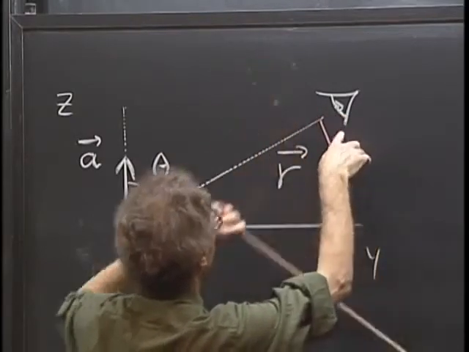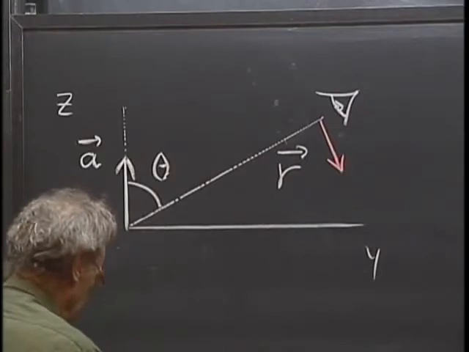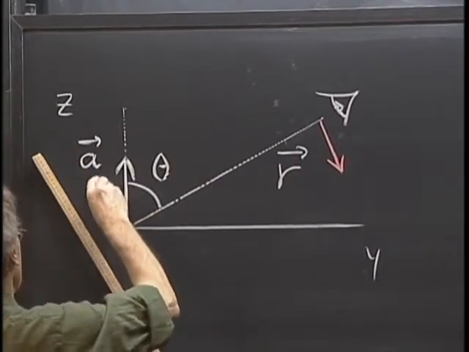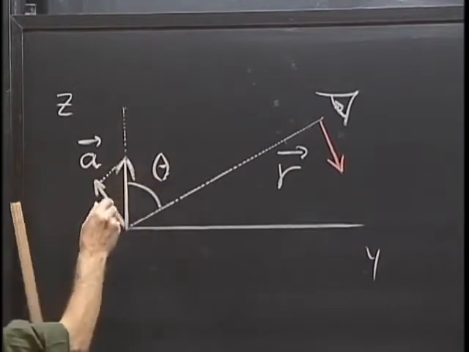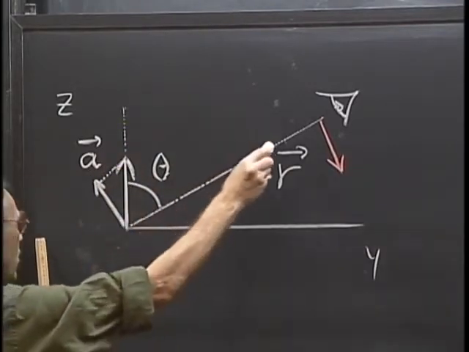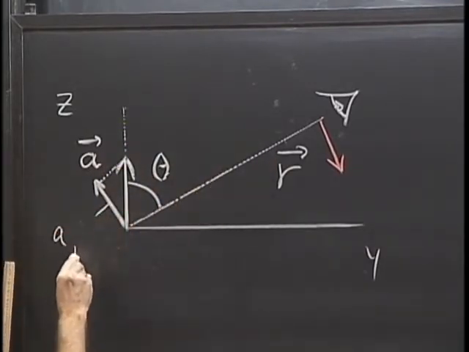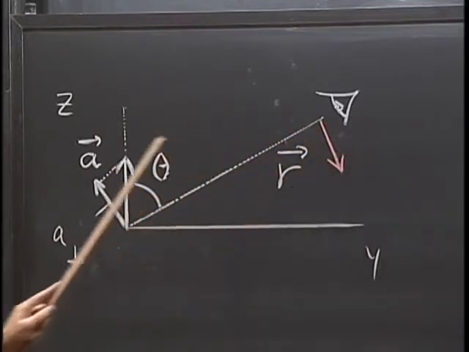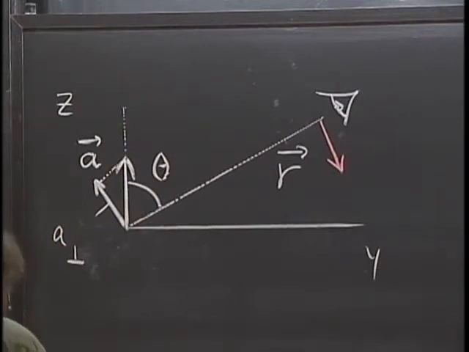I will return to this. It's in the opposite direction as A perpendicular. This vector, which is the component of A perpendicular to r, is called A perpendicular. If Q is positive, then this E vector is in the opposite direction of A perpendicular.